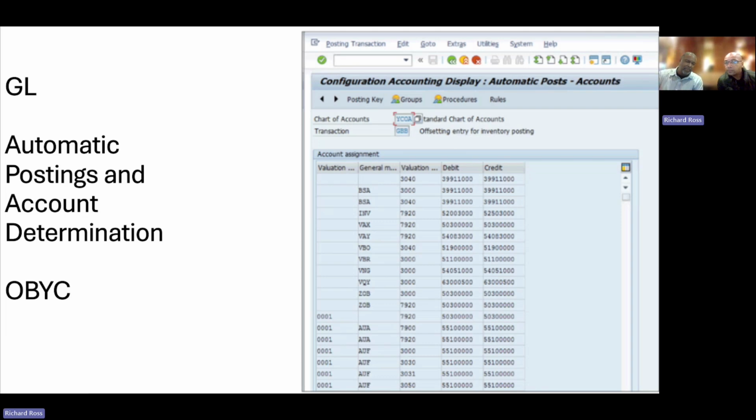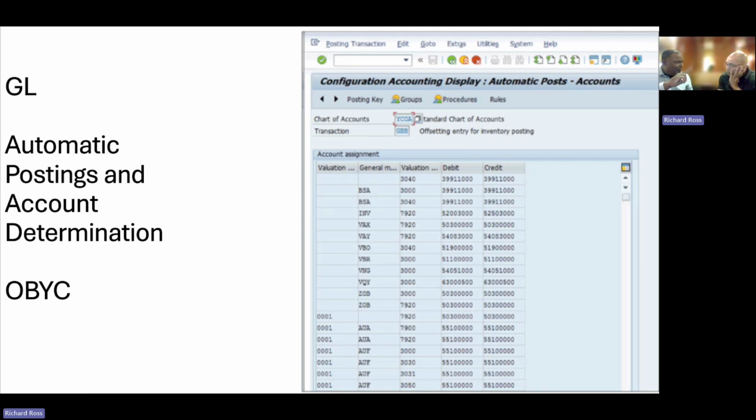Let me show this from the material master. This section here is called valuation. One of the first rules you have to define is how you're going to value inventory.